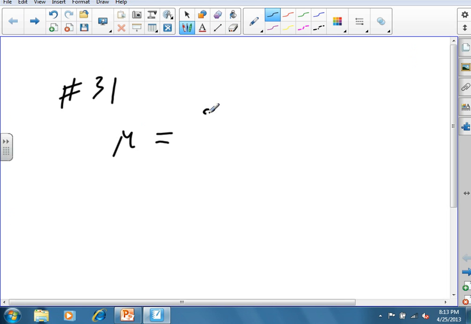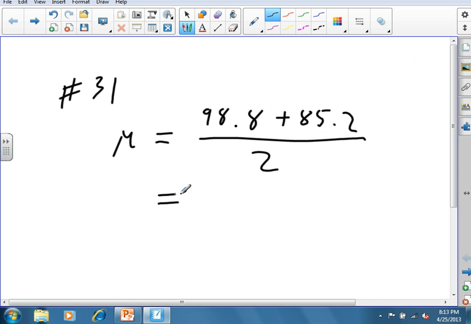Looks like we have 98.8 plus 85.2 divided by 2. Does that look like the mean to you guys? Pretty much. 92 appears to be the mean.